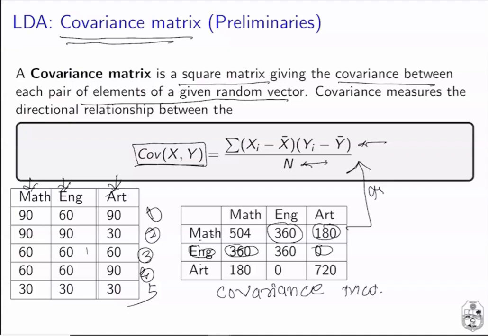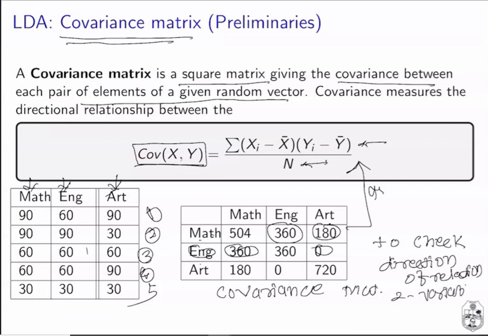This covariance is used to check the relation, the direction of relationship between two variables.